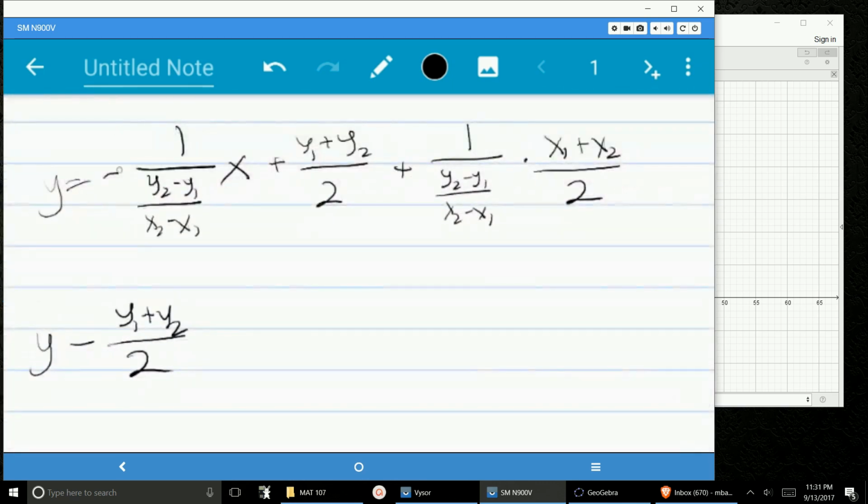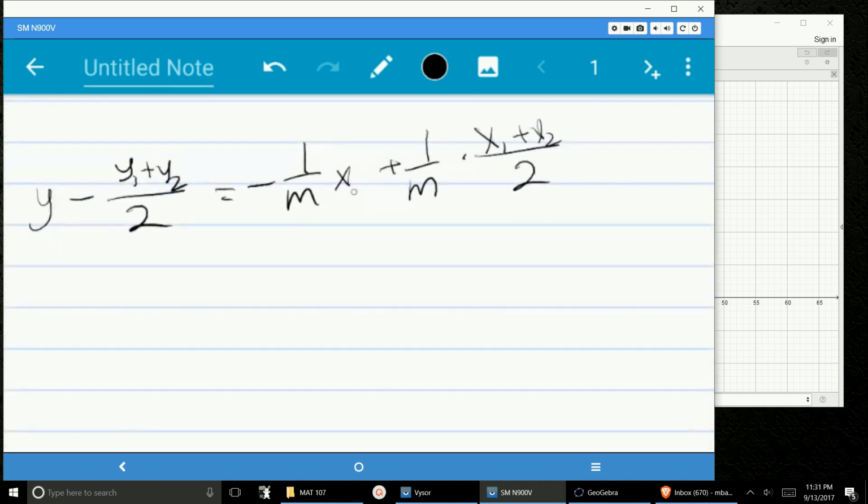So I have negative 1 over m x, and I got rid of this, and then here I'm really subtracting the negative 1 over x, so this is plus 1 over m times x1 plus x2 over 2. That's pretty wild.